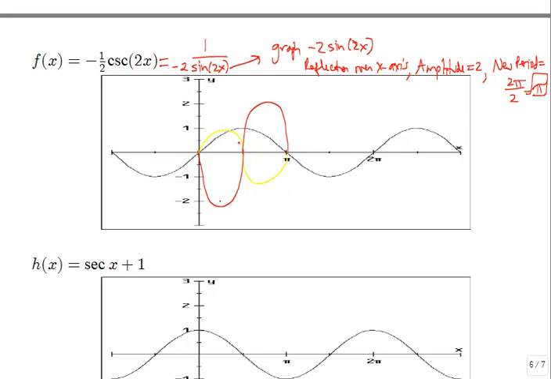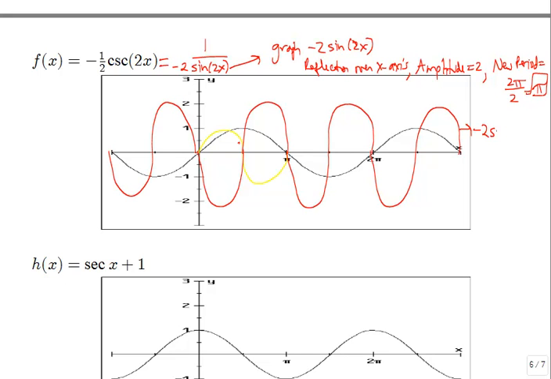So there is my new sine curve. It's been flipped upside down, it's been stretched to have a new amplitude of 2, and it's been compressed to have a new period of pi. So let's just copy this shape over and over again. And this, again, in red, is the graph of negative 2 sine 2x.